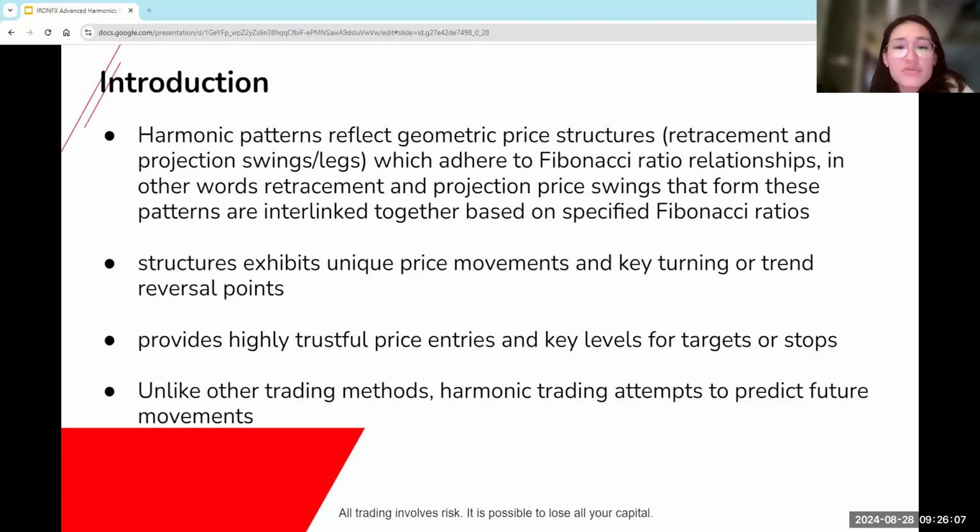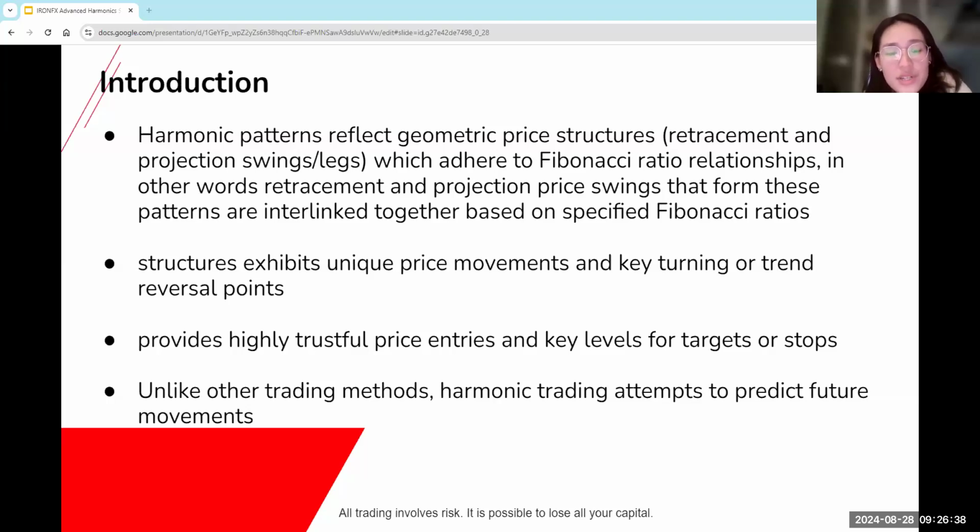In other words, the retracements and projection price swings that form these patterns are interlinked together based on specified Fibonacci ratios. The ratios that we normally use for harmonic patterns are those I mentioned earlier, 61, 78, and the levels that are more than 100, so 127 and 161. These harmonic structures exhibit unique price movements and key turning or trend reversal points.